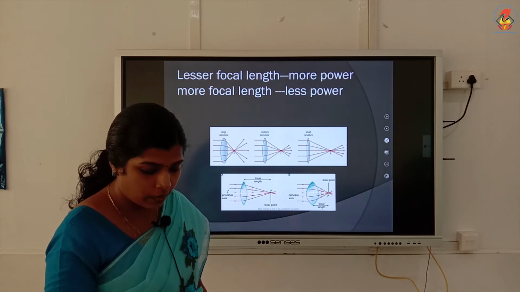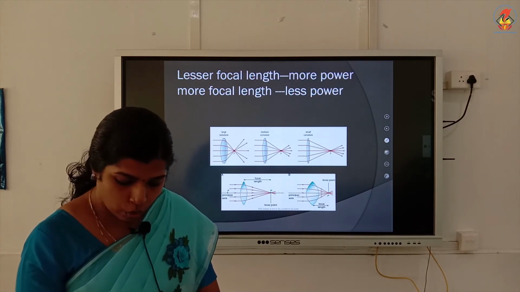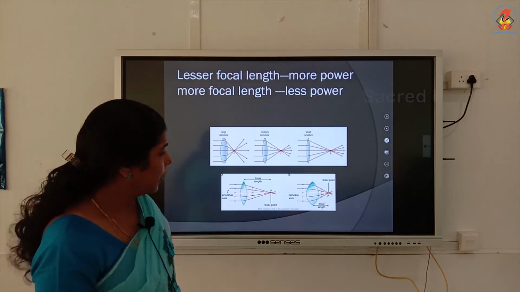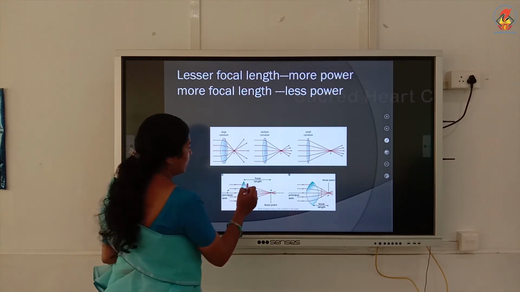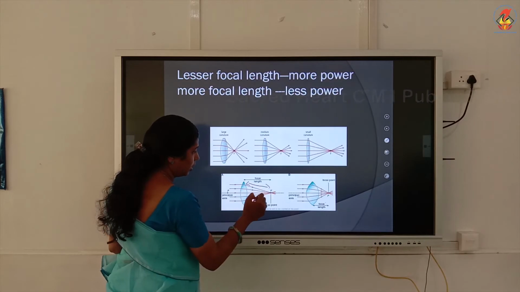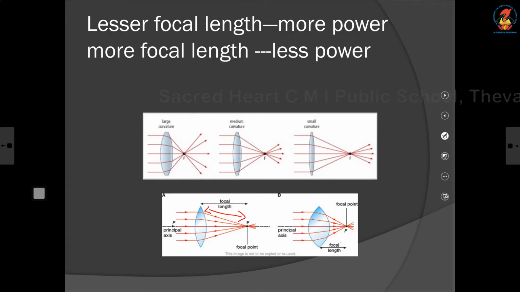Here this focal length is more, so the power will be very less. That is the difference between thick lens and thin lens. Thin lens has more focal length, thick lens has less focal length. You can see the curvature. This one is thick lens, this one is thin lens.